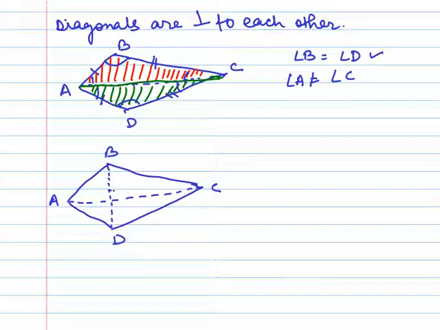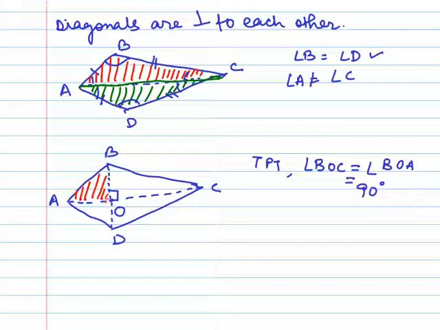Now perpendicular means we have to prove that, if this is the meeting point O, angle BOC is equal to angle BOA is equal to 90 degrees, right? So now consider two different triangles, AOB, this shaded one, and AOD.